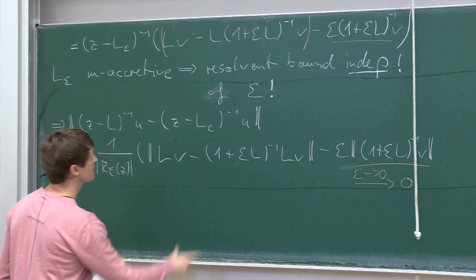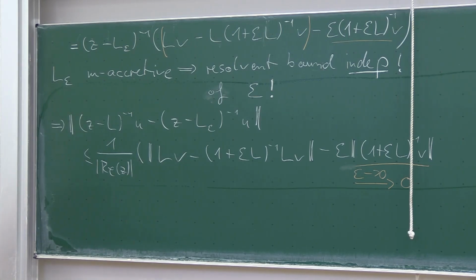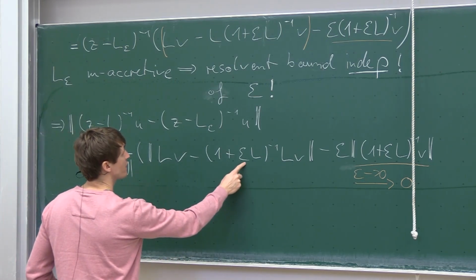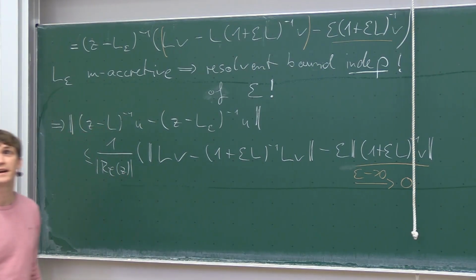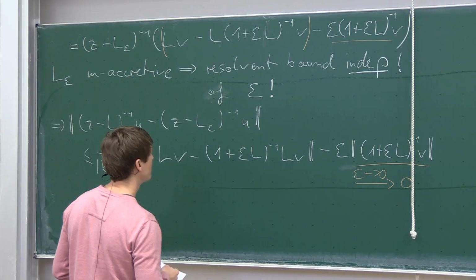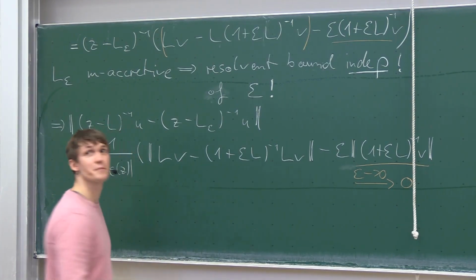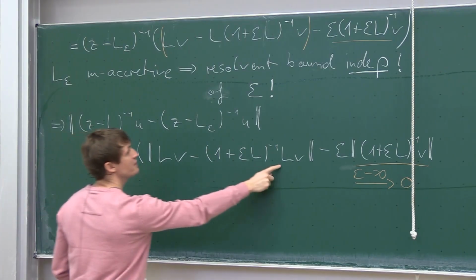And here we proved already in Proposition 2.4 that for epsilon to 0, this is a strong approximation of the identity. Yeah, this is what we proved. So if we send epsilon to 0, it tends to LV.